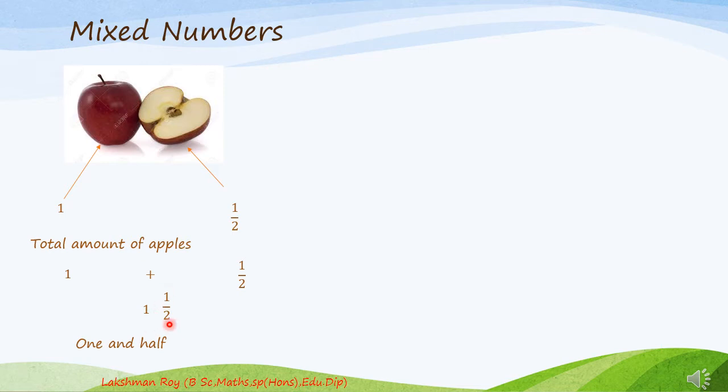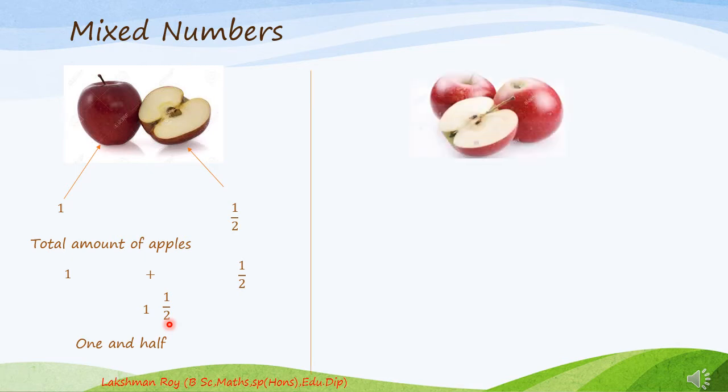Let's see another example, students. Here are another apples. You can see here one apple, another apple, and here a part. This is one apple, a whole one. This one is also a whole one. And this one is a fraction, that is half. Same way I want to find the total amount of apples.